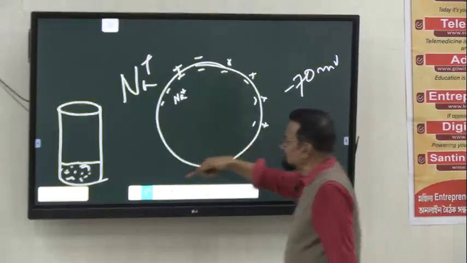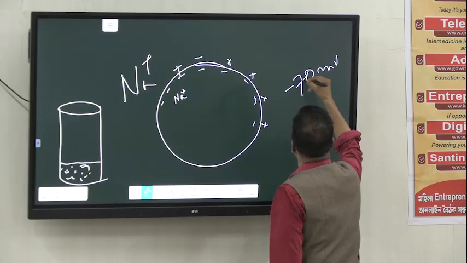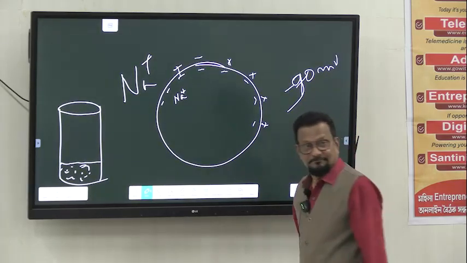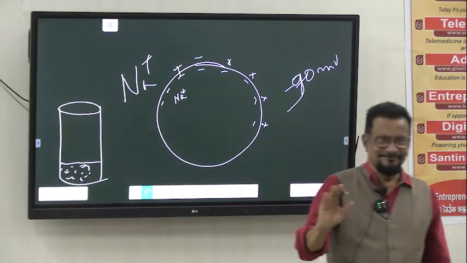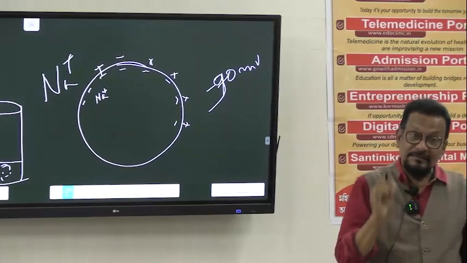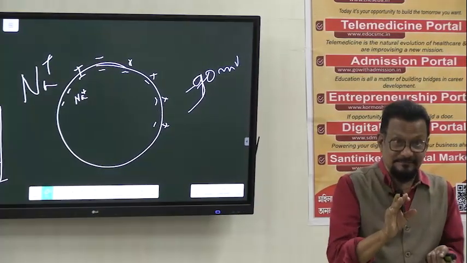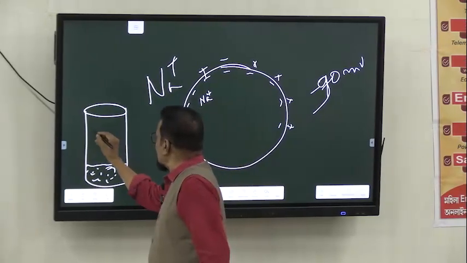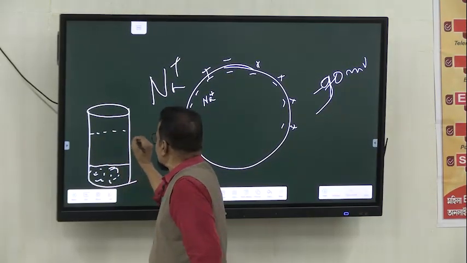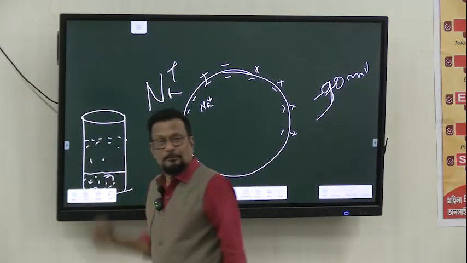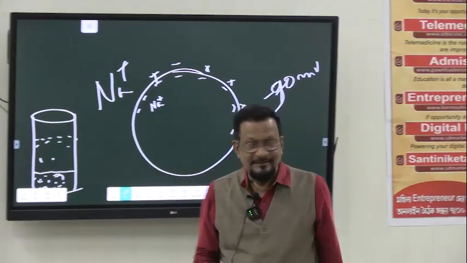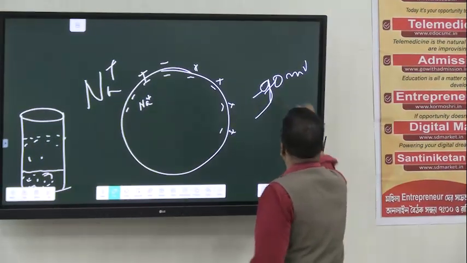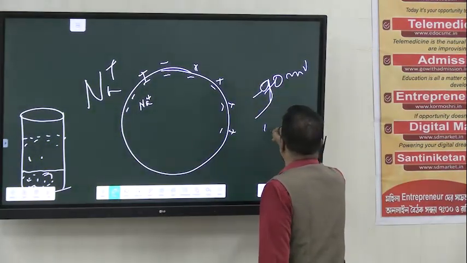It means resting membrane potential is minus 90. Its excitability is less. When the water level is here, then it will be easier. It means its resting membrane potential is minus 50.